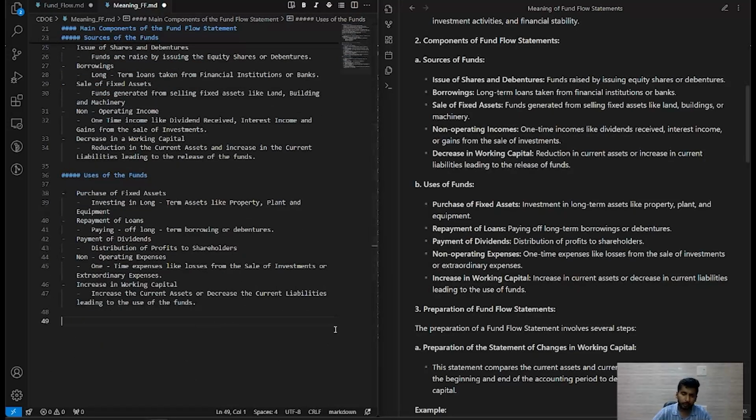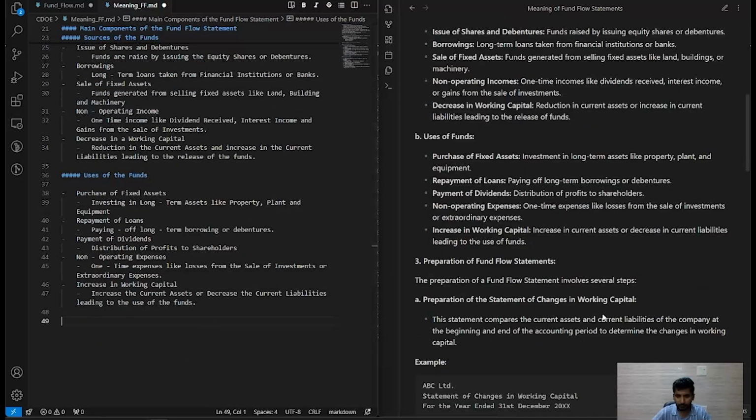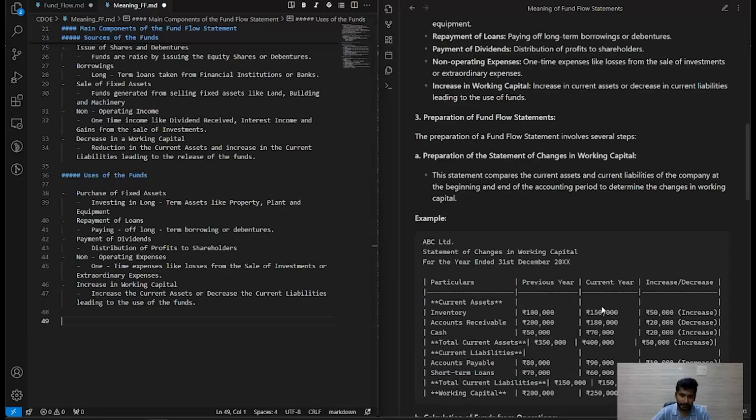Now let us talk about how to prepare the fund flow statements. Preparation of the fund flow statements. The preparation of the fund flow statement includes the following steps.